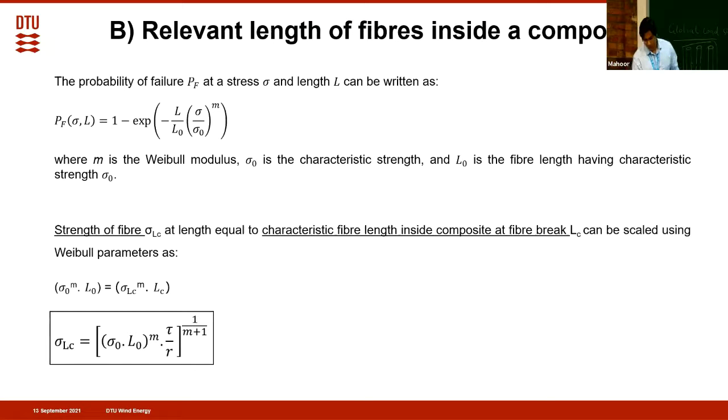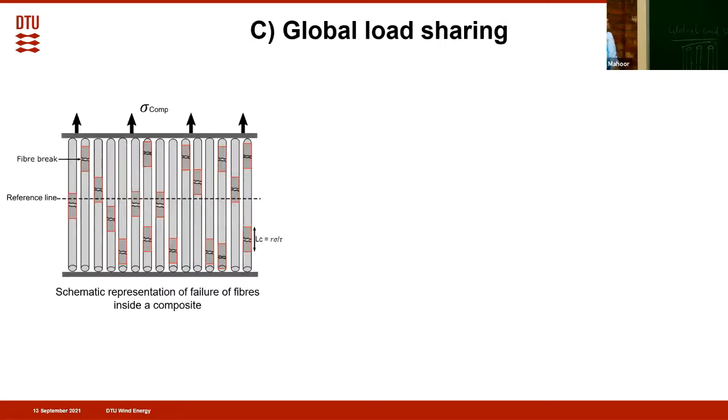The strength of the fiber, sigma LC, at a length equal to the characteristic fiber length LC inside the composite, can be scaled using the Weibull parameters. It depends on sigma naught, the characteristic strength of the fiber you are testing at L naught, the Weibull modulus, tau, and the radius of the fibers.